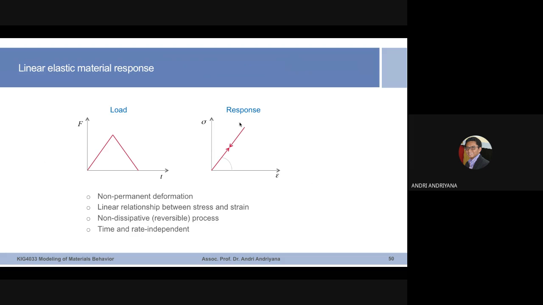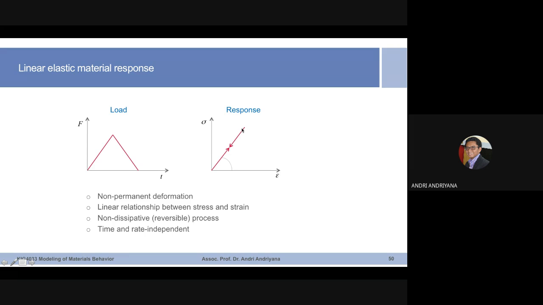Okay, which means that now this is F, force, as a function of time. So what I do to the materials during the tensile test is that I pull it up to a certain maximum force, and then I bring it back to zero force, zero stress. So it is loading number 1 in the previous example. If you observe the response of the material, this is the stress strain curve that you have.